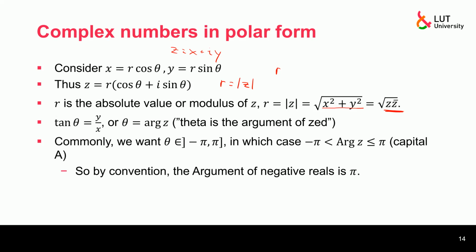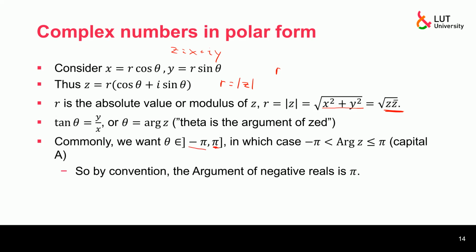And the argument can be calculated by the angle, so y over x for non-zero x's, and I guess non-zero y's. Well, y is, well, we know it's 0 anyway. And typically we tend to want to stay within a certain rotation, so we include plus pi, and minus pi is not included.